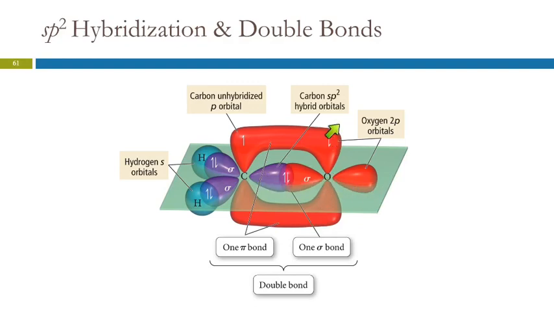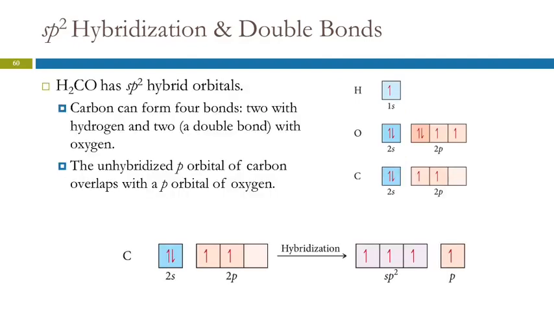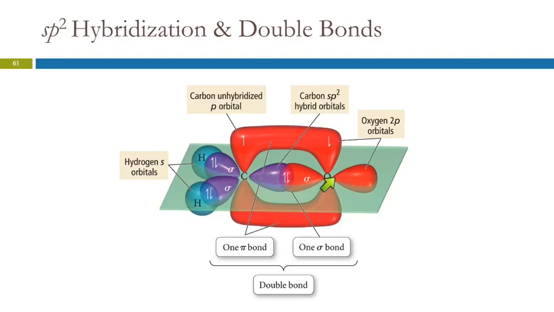We also have a p orbital on the oxygen. So there are 2 half-filled p orbitals.